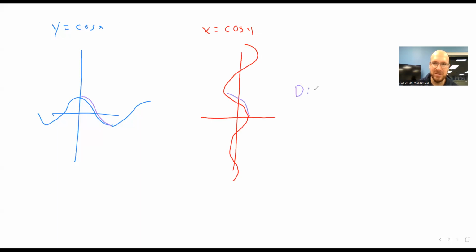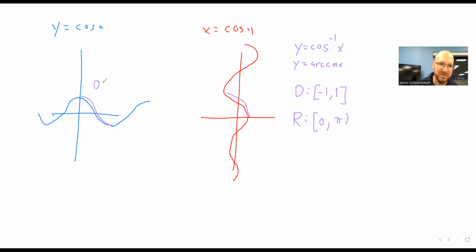The domain here for the inverse cosine, again, we could write that as arc cosine. It's a funny looking S. The domain is negative 1 to 1. That was my original range. My range is now 0 to π.